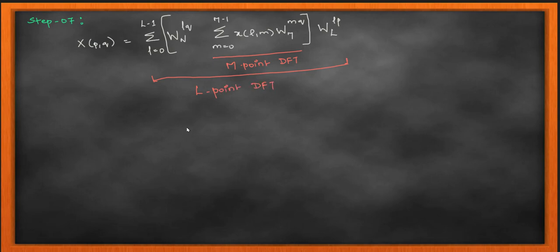An N point DFT as your M point DFT and an L point DFT, and that multiplier there, which is your Wn of LQ, is just an extra multiplier. You can say I'm doing my M point DFT and my L point DFT with an extra multiplier Wn to the power of LQ.